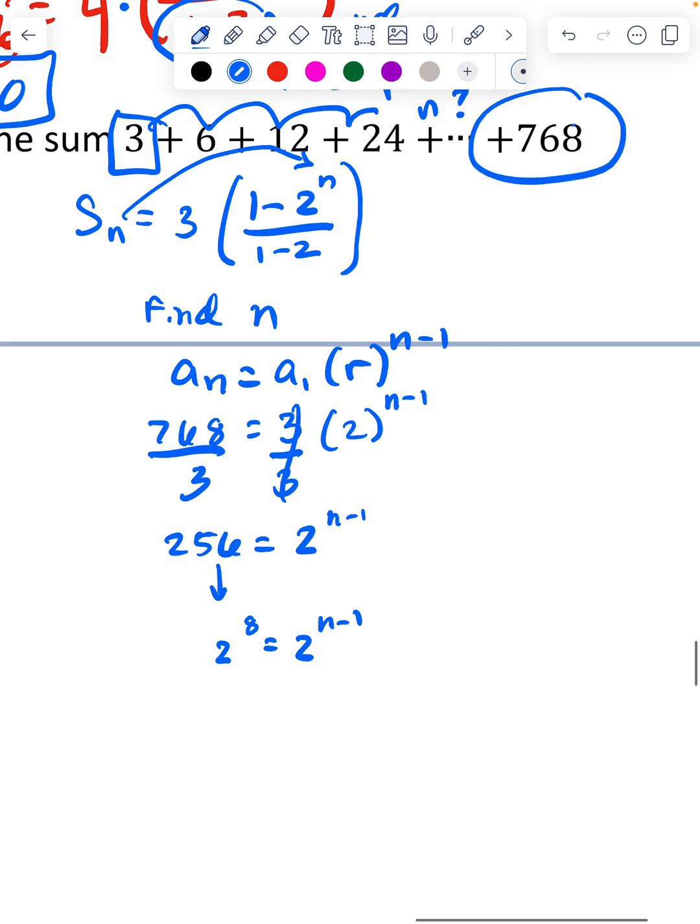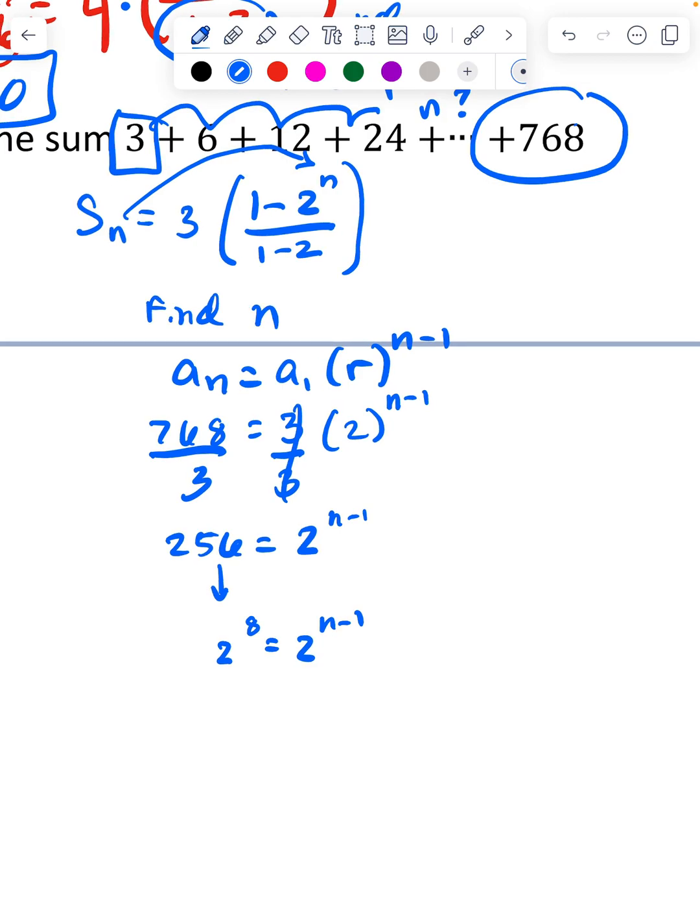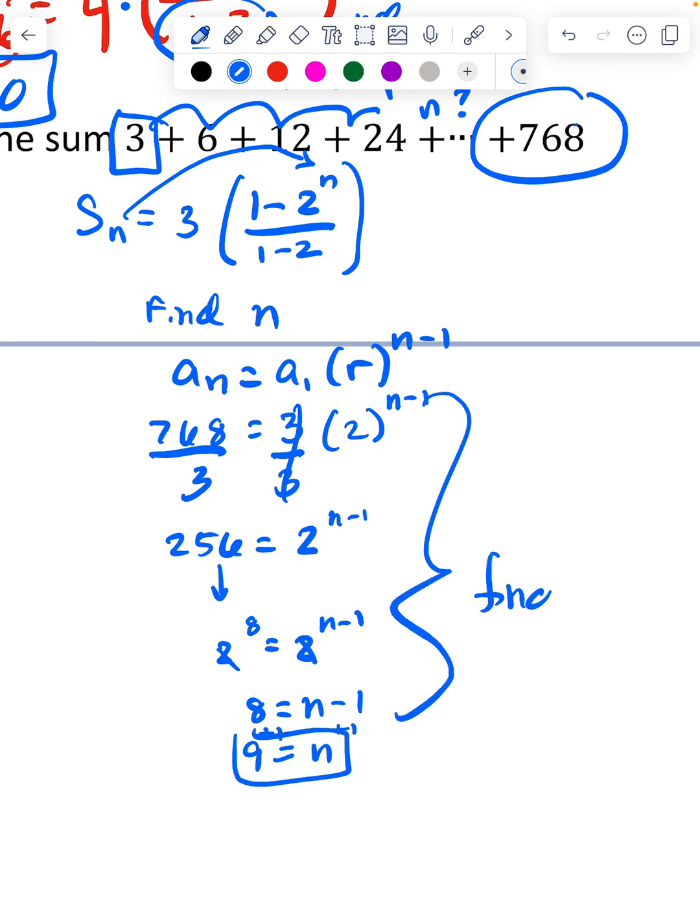And so if I need this top to be 8, that top power, then I would need my n to be 9 because I'd have to add this over. So you do all of this work here, but you're trying to find n so that you can go back up into your adding formula and plug in that 9 here and here.